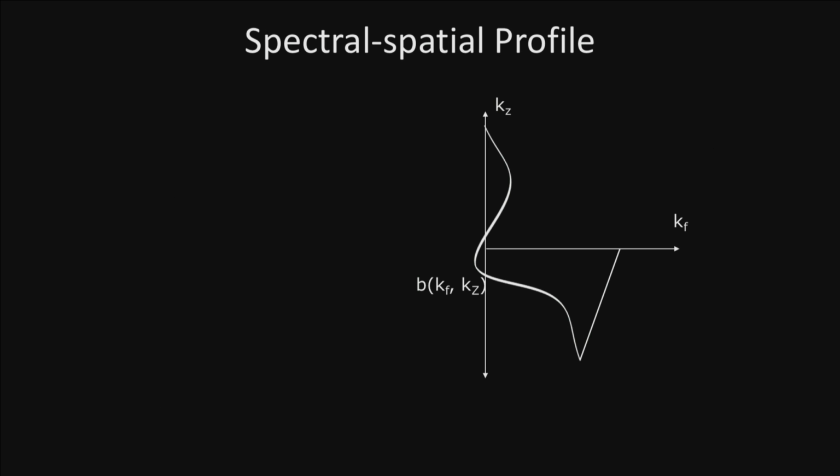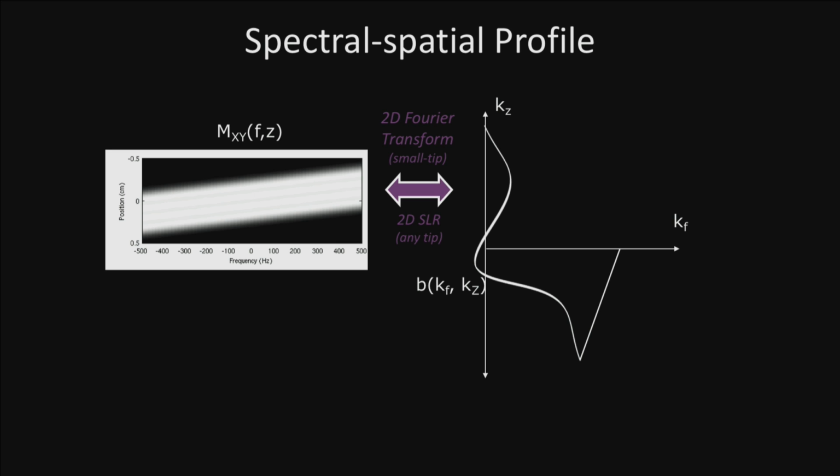So we create some pattern due to our RF pulse in this spectral and spatial k-space domain. If we want to figure out what our RF pulse is doing in both our spectral and spatial domains, then we simply take, or approximately take, a Fourier transform, or we can use other tools to be more precise.